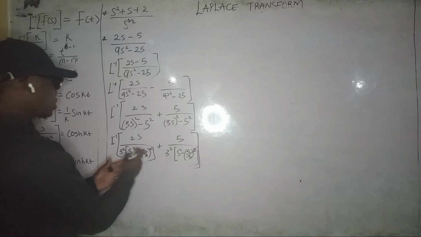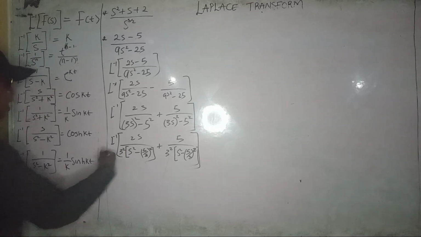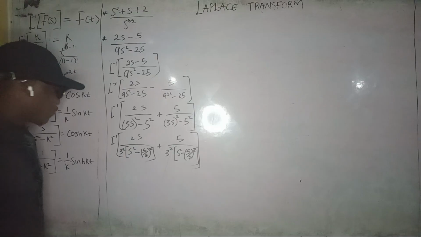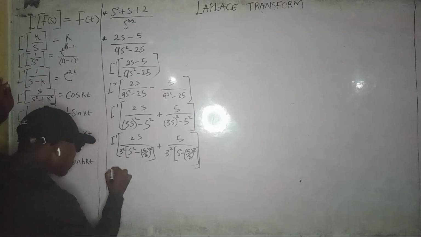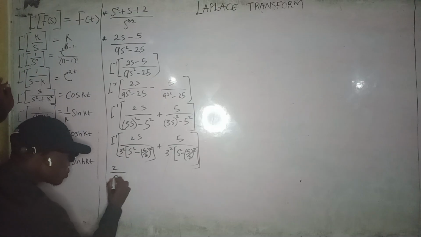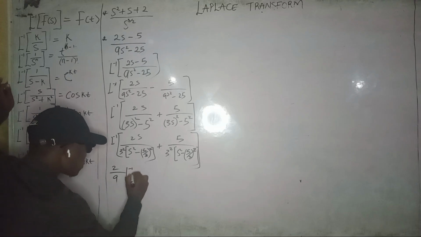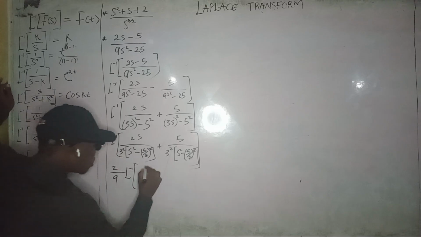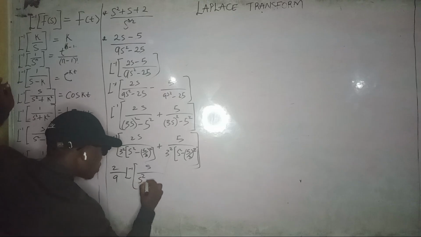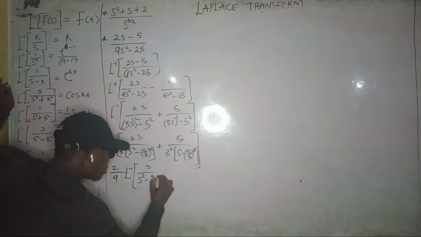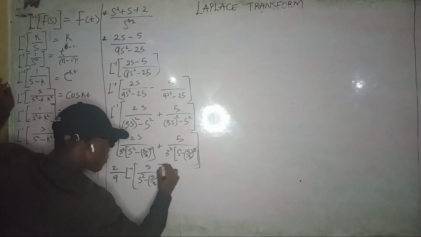And now we can bring our constant outside and we can even break the Laplace transform out. So we can have 2 over 3 squared, which is 9, inverse Laplace transform of this first one, s over s squared minus 5 over 3 all squared.